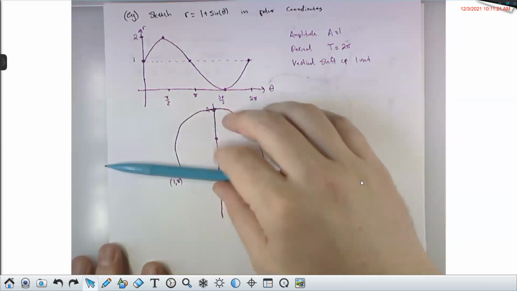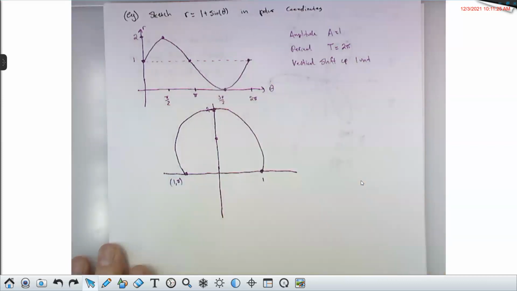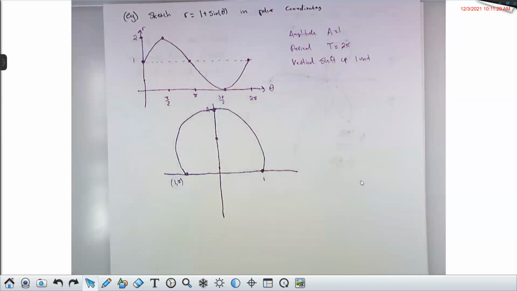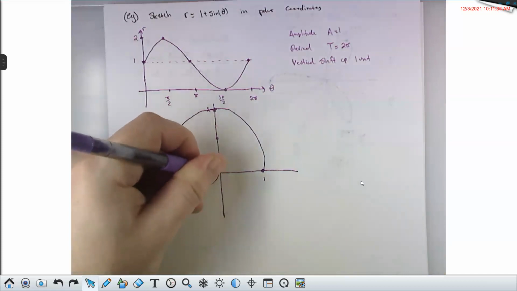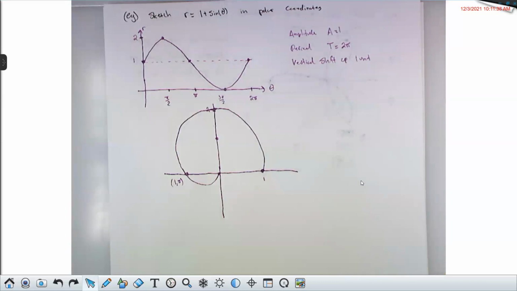As I rotate past pi, he's going to continue running in, and he's going to make it to 0 by the time I get to 3 pi over 2. So that means this is going to tuck in and come into 0 tangent at the 3 pi over 2 line.